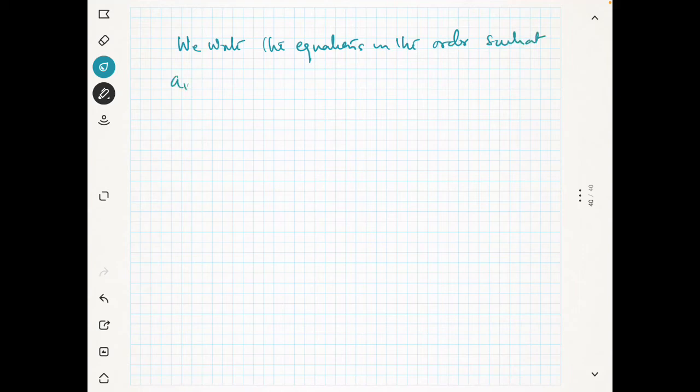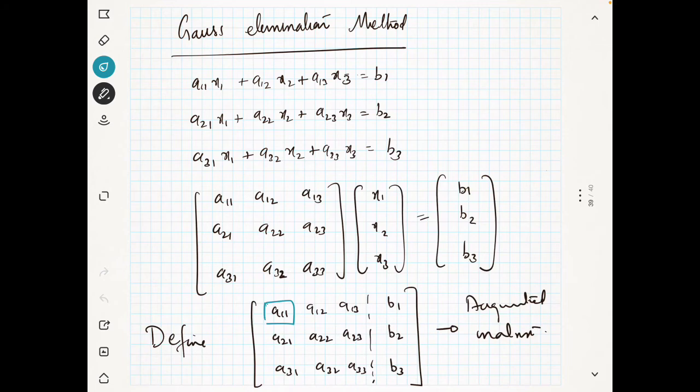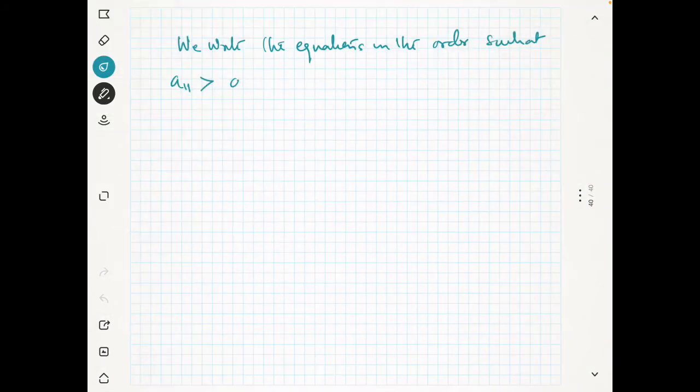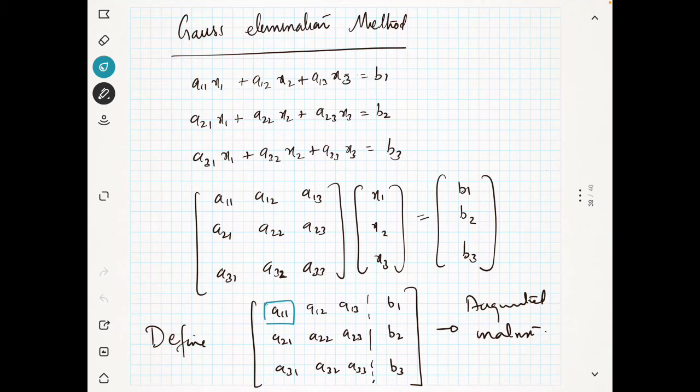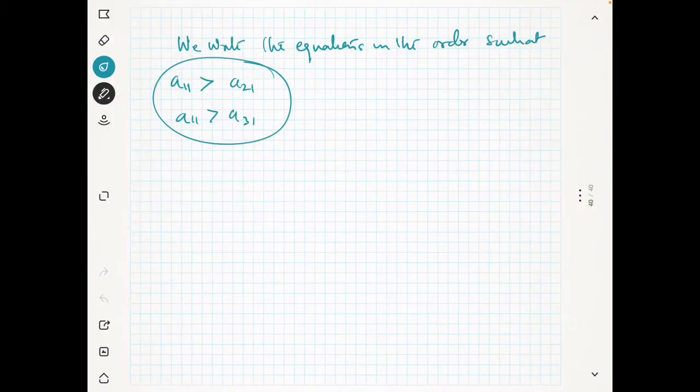So we will write the equations in an order such that A11 will be greater than A21, and also A11 will be greater than A31. Similarly, we will try to arrange the equations.